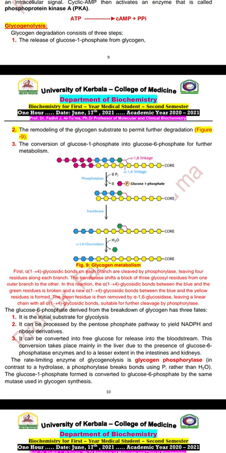The glucose 6-phosphate derived from glycogenolysis has 3 fates. It is the initial substrate for glycolysis.